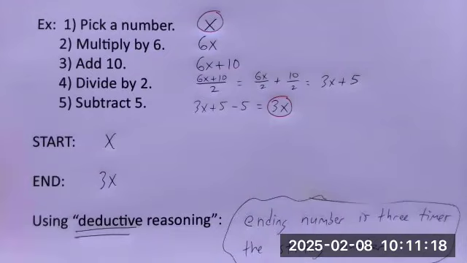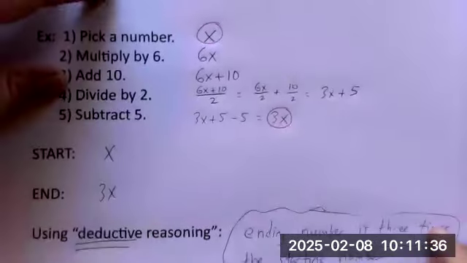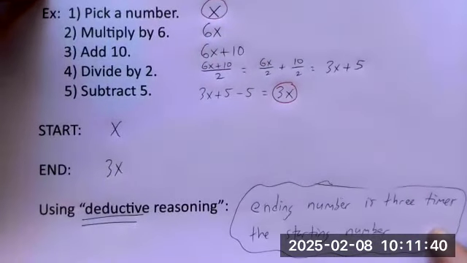It's much more powerful than inductive reasoning. We're not guessing anymore. We are 100% certain. I would bet any amount of money that we end up with 3 times what we start with because we just showed that right there. We showed it once and for all cases, for all numbers in the world.